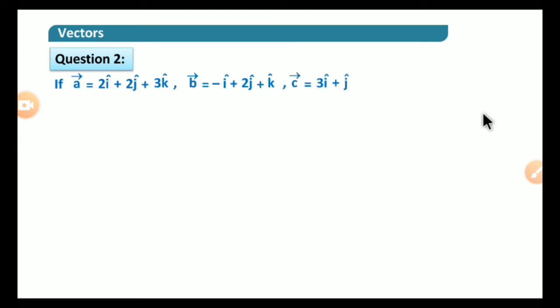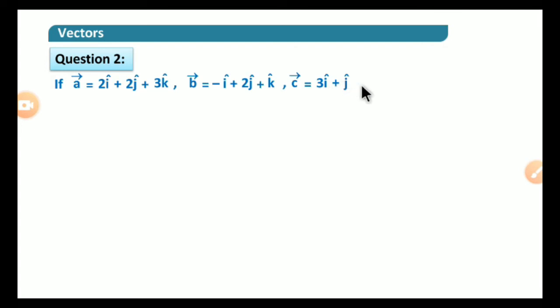Now question number 2. If vector A is equal to 2i plus 2j plus 3k, vector B is equal to minus i plus 2j plus k, vector C is equal to 3i plus j.